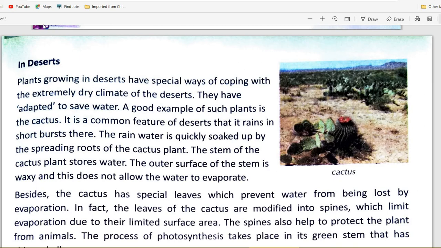As we know, cactus is a desert plant. The roots of desert plants quickly soak up water and spread deep inside the earth in search of water.